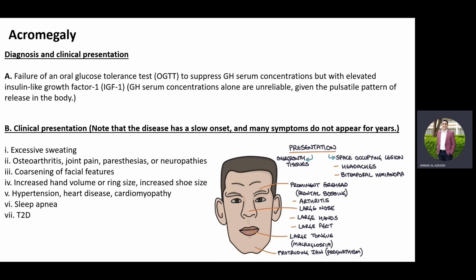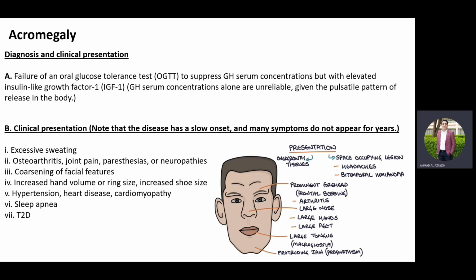As you can see from the slide here, we have excessive sweating, osteoarthritis, joint pain, paresthesia, neuropathy, coarsening of facial features, prominent forehead, for example, and you can see large nose, large hand, large feet, large tongue. We can also have protrusion of the jaw.